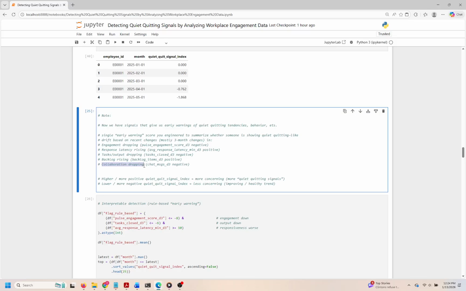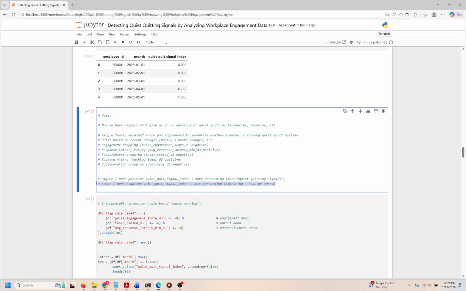Whenever we see a higher quiet quit signal index, it raises red flags. Conversely, a lower index indicates that things may be improving, reflecting a healthier work environment. It's important to remember that while this metric is insightful, it's not infallible. There are always contextual factors to consider that might influence these numbers.